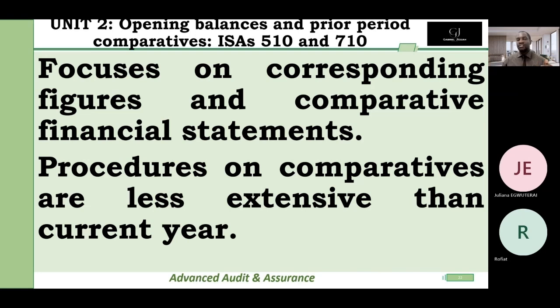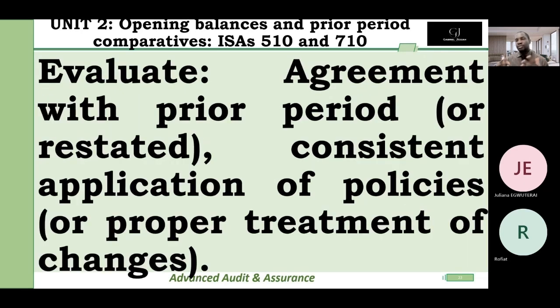Normally, second reviews are less rigorous, and that's why it's good to do the job at first sitting very, very well. Also, we need to evaluate agreement with prior periods or restated postings, which enhances us or prompts, culminates in consistent application of policies.